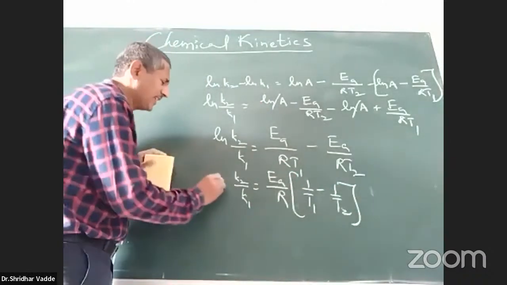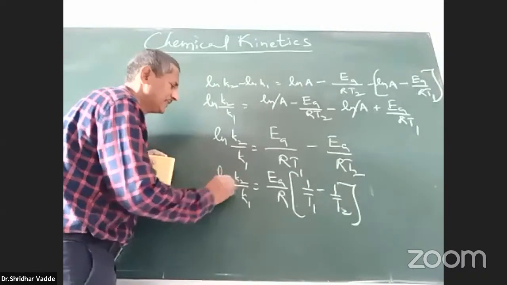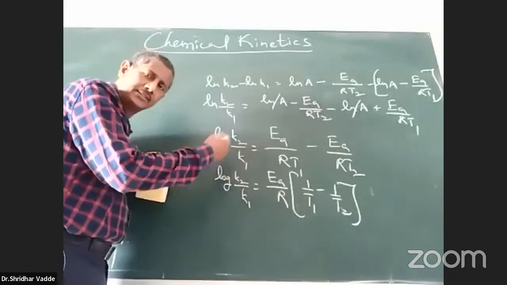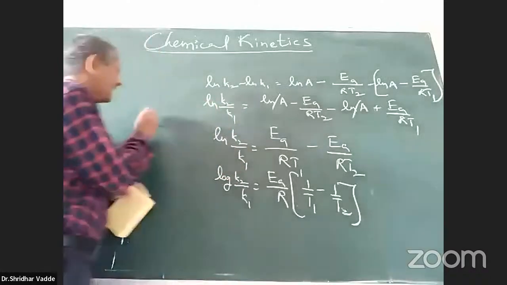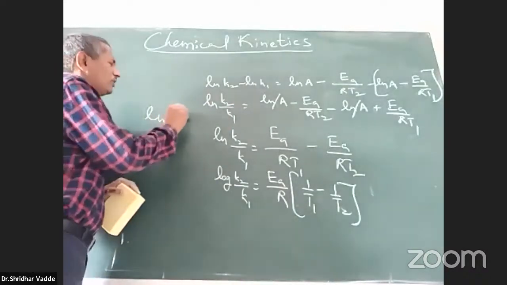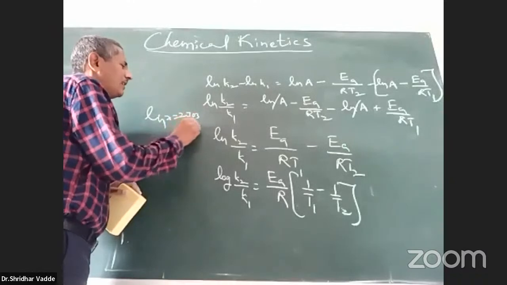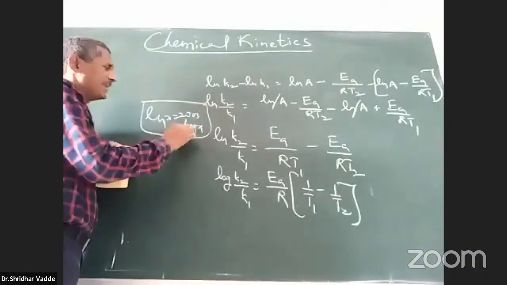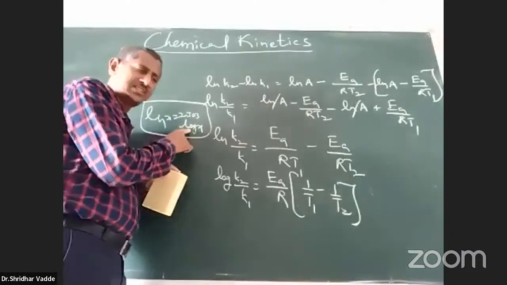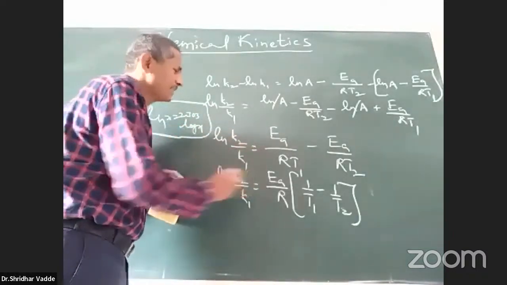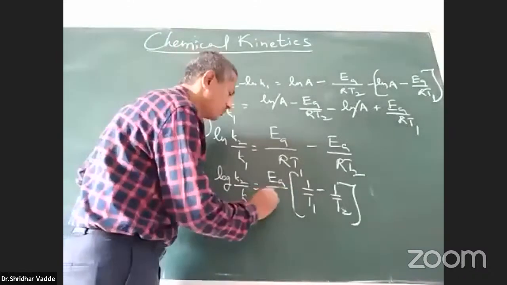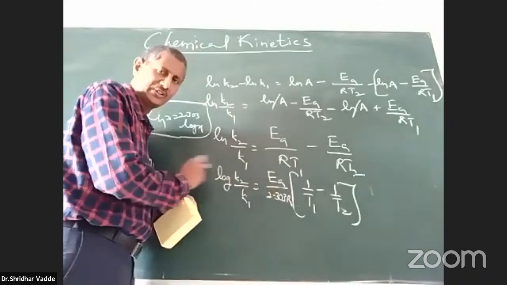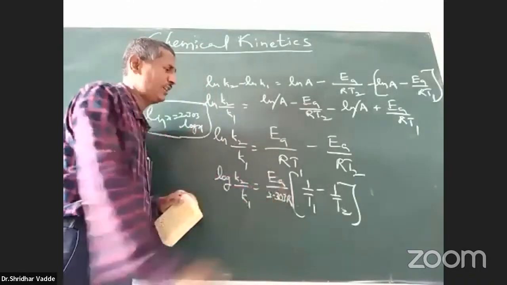If we convert this to log, always ln x is equal to 2.303 log x. This is the principle. Log means that it is to the base 10. So here this becomes 2.303 R. This goes to the denominator, because this is 2.303 log.